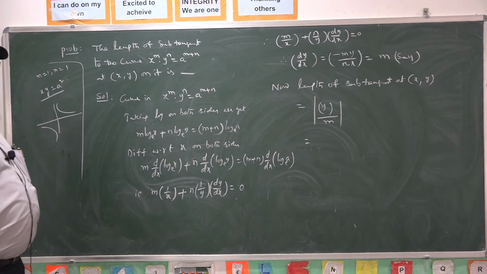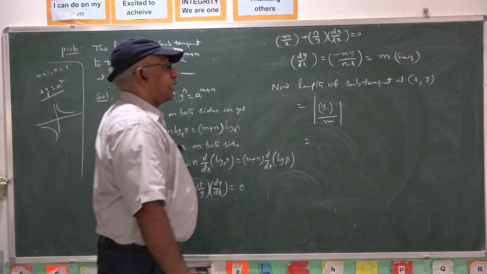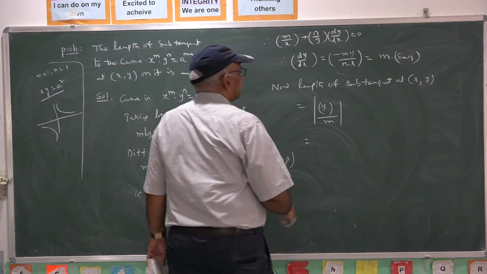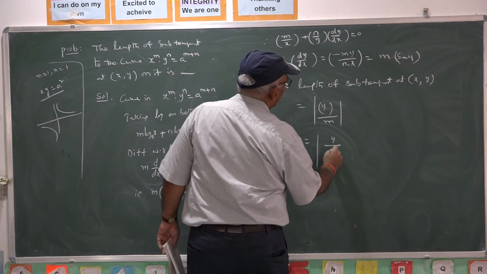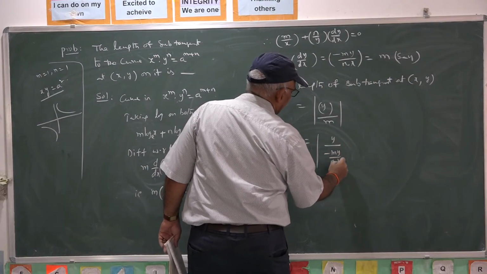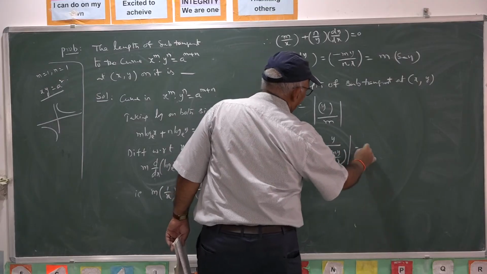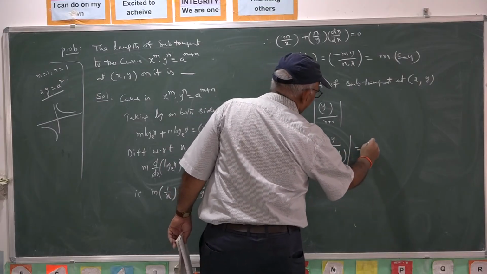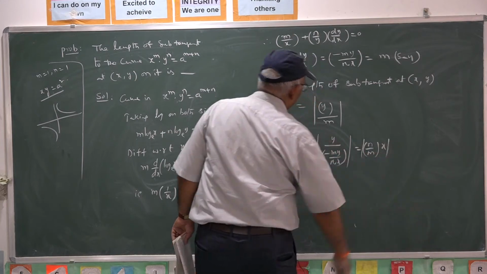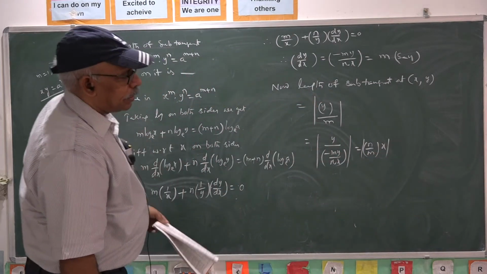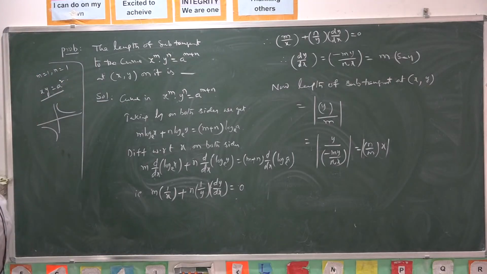So y by m is the required length of the subtangent, that is y by minus my by nx. y cancels, so n by m into x with modulus, n by m into x modulus.